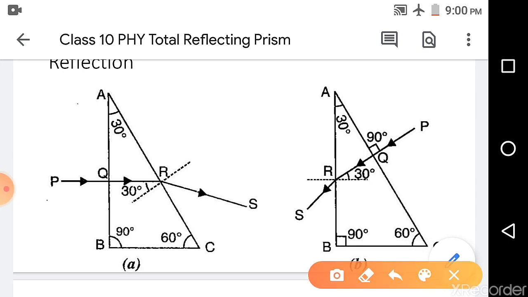For this, the light ray is incident normally from P to Q, remains undeviated, and is incident on the surface R with an angle of 30 degrees. So there is a simple refraction, no total internal reflection. Now here we again consider the light ray incident on the surface AB at 90 degrees, normal incidence, and it comes undeviated and is incident on the surface AC with an angle of 30 degrees. So there is also a simple refraction of light, no total internal reflection.